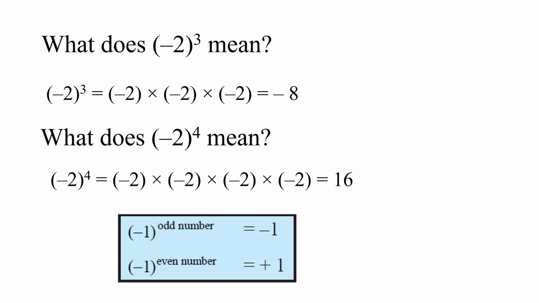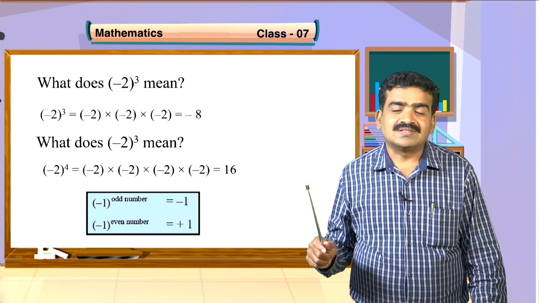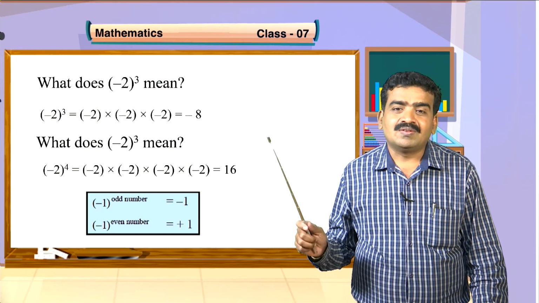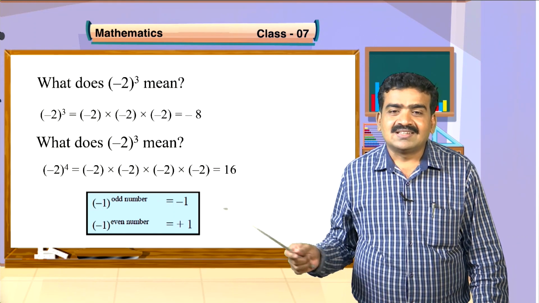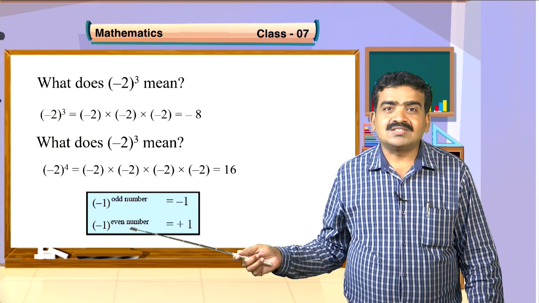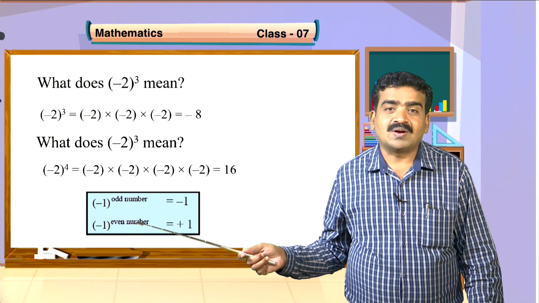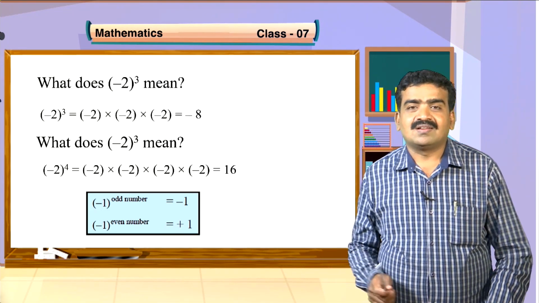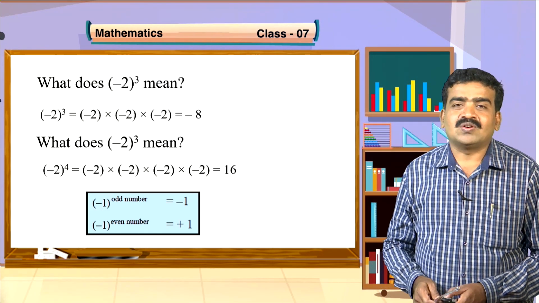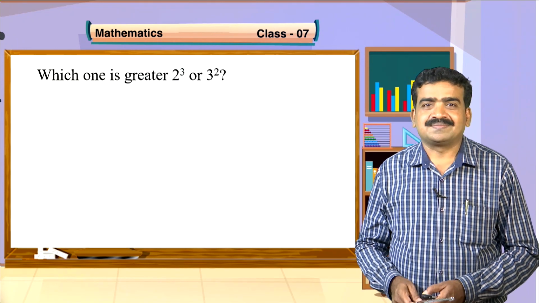Minus 1 to the power of an even number always yields plus 1. That is why a negative number raised to an odd power gives a negative answer, and a negative number raised to an even power gives a positive answer when simplified.